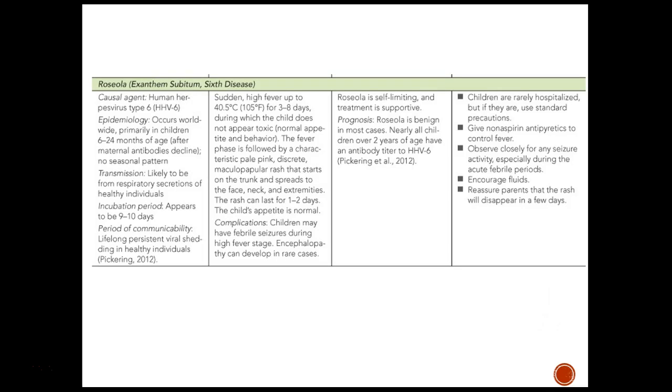So roseola is primarily diagnosed in children between 6 and 24 months of age. And most likely it's transmitted from respiratory secretions. These kids tend to have a really sudden high fever, almost 105 degrees Fahrenheit, for several days, 3 to 8 days.